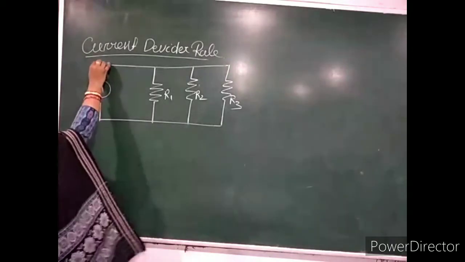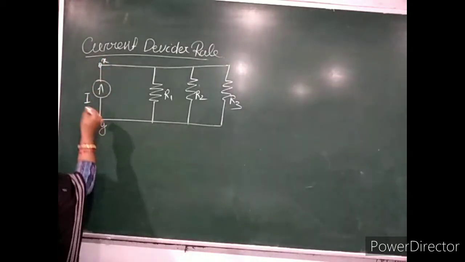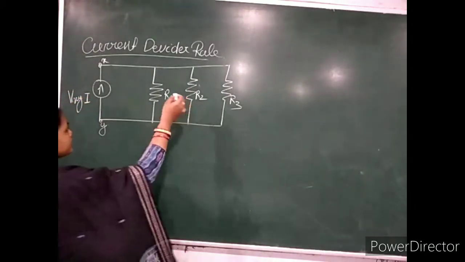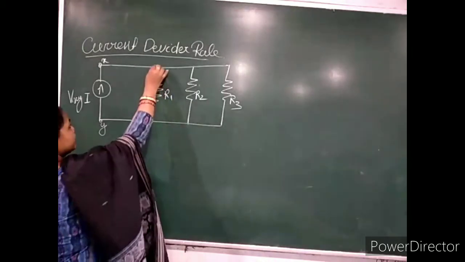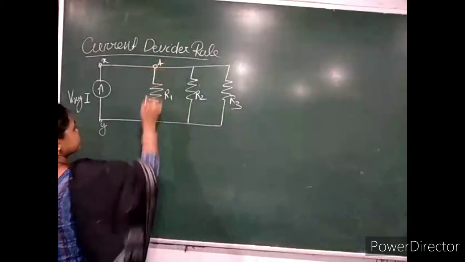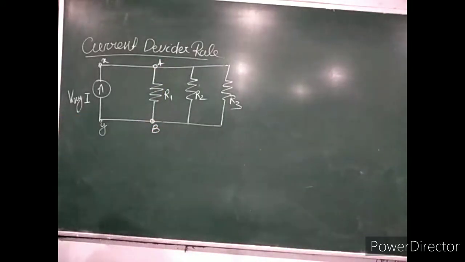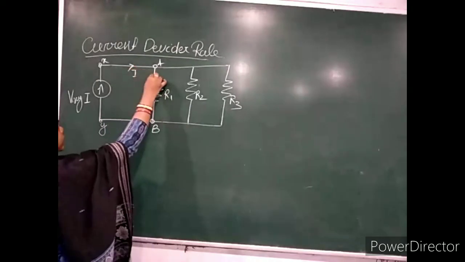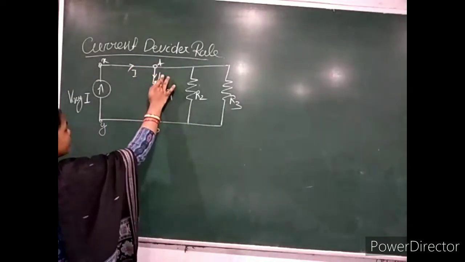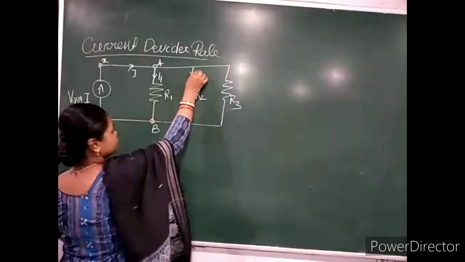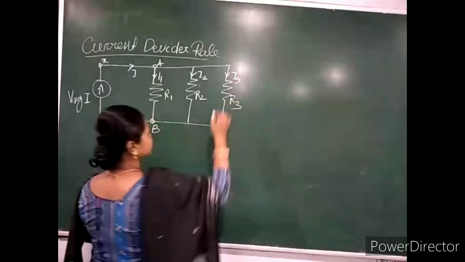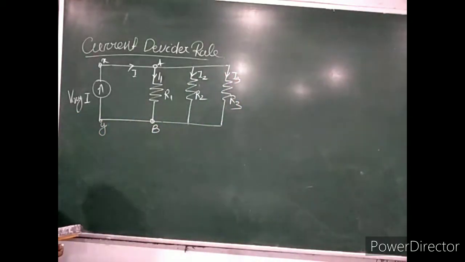Let this point be X and Y. In the same manner as how you get the current through parallel branches if two resistors are connected, here also, let these points be A and B. As per the properties of a parallel circuit, the total current I is divided into three branches, I1 through R1, I2 through R2 and I3 through R3.